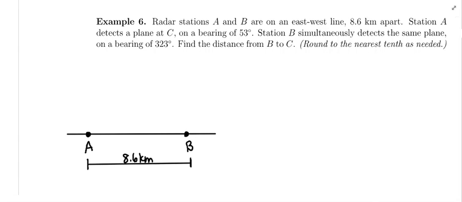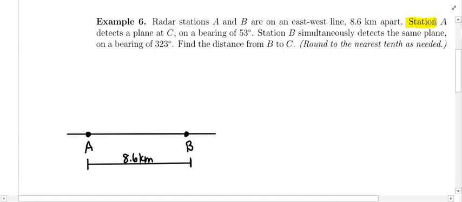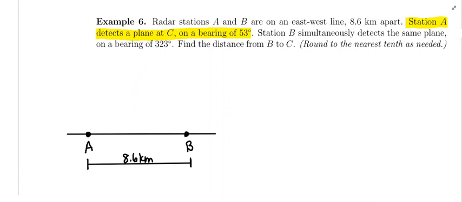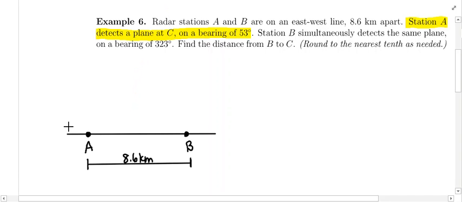So let's first read about station A. Station A detects the plane at point C on a bearing of 53 degrees. So from point A, we need to draw in the bearing. Remember how we illustrate bearing.